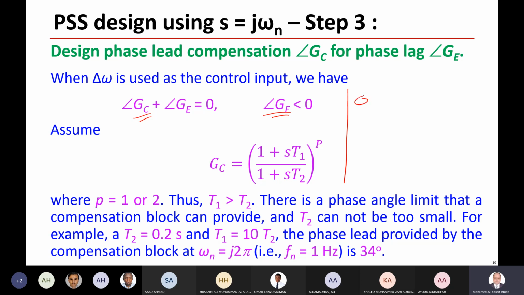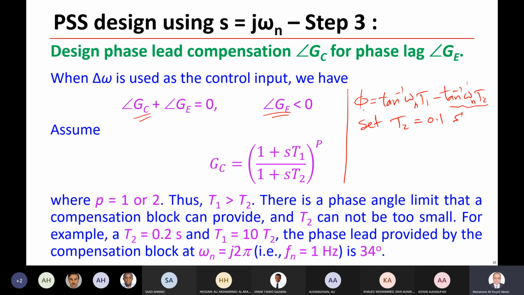As we defined there, we have this angle phi, which is tan inverse omega n T1 minus tan inverse omega n T2. So here we can assume T2 equal to 0.1 second or 0.2 second. Then you can have this angle, tan inverse, if this is, for example, 10 times, tan inverse 1, which is 45 degrees.